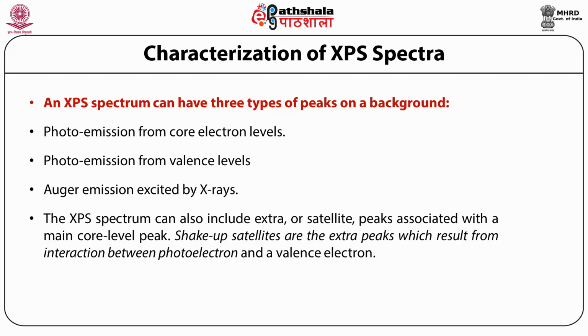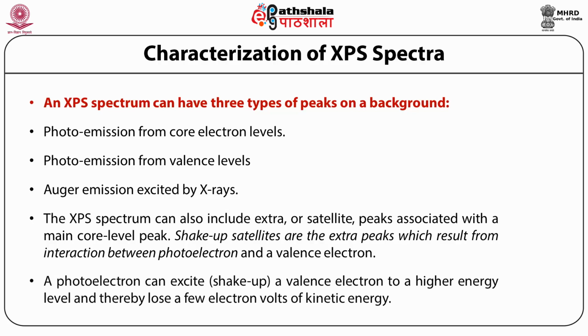Satellites are the extra peaks which result from interaction between a photoelectron and a valence electron. A photoelectron can excite a valence electron to a higher energy level and thereby lose a few electron volts of kinetic energy. This will create a satellite peak associated with a core level peak of photoelectrons. The satellites are useful for chemical analysis.